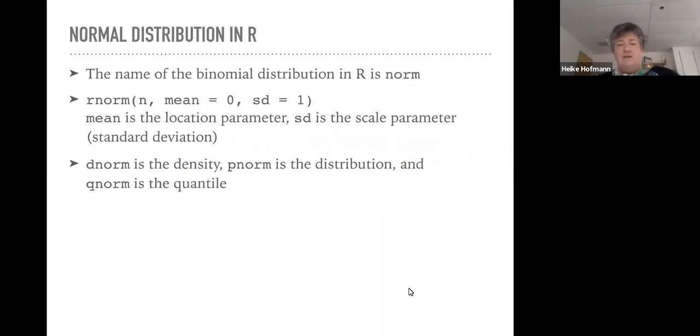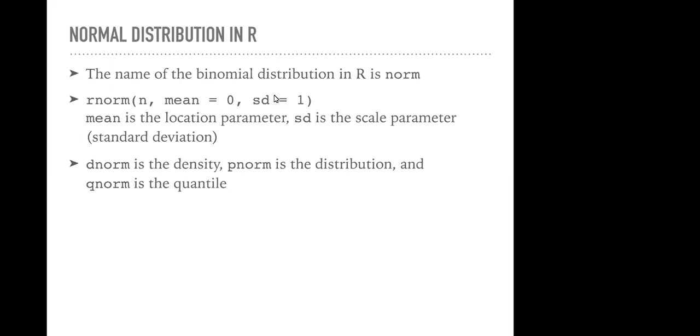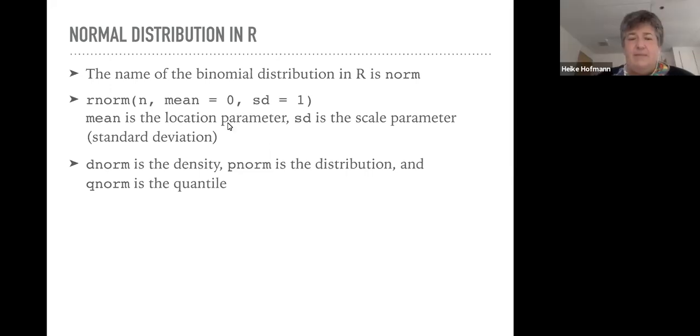So in R, the name of the normal distribution is norm. Creating random variables is then done with rnorm. n gives us n many, and by default we're sampling from a standard normal distribution, but we can set the parameters.